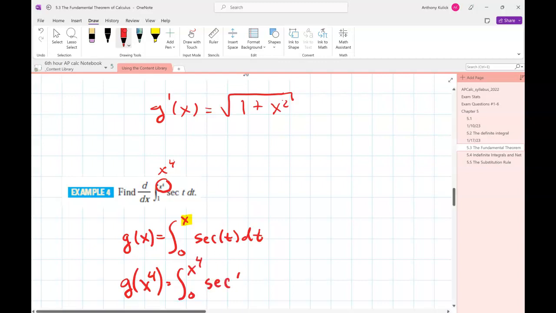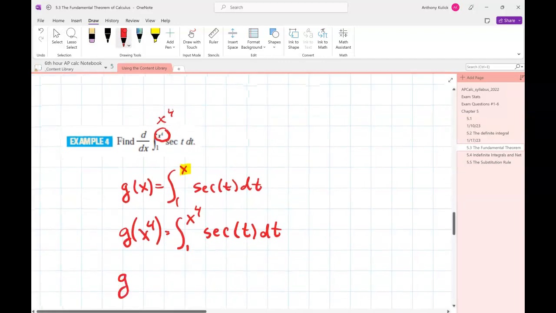Well, I do a function composition. If g of x is the integral from 1 to x of secant t dt, then g of x to the fourth should be the integral from 1 to x to the fourth of secant t dt. Everybody's good with that?